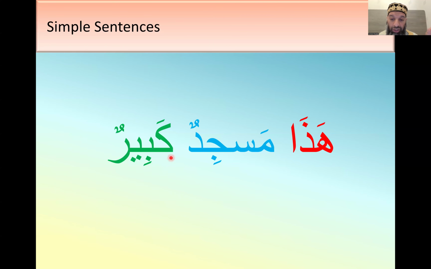In Arabic, you say the noun first and then you say the description. This is just information for yourself when you're looking at the translation of the Quran. In Arabic, you say, this is a masjid, big. This is a car, fast. So the description in Arabic comes after the noun.